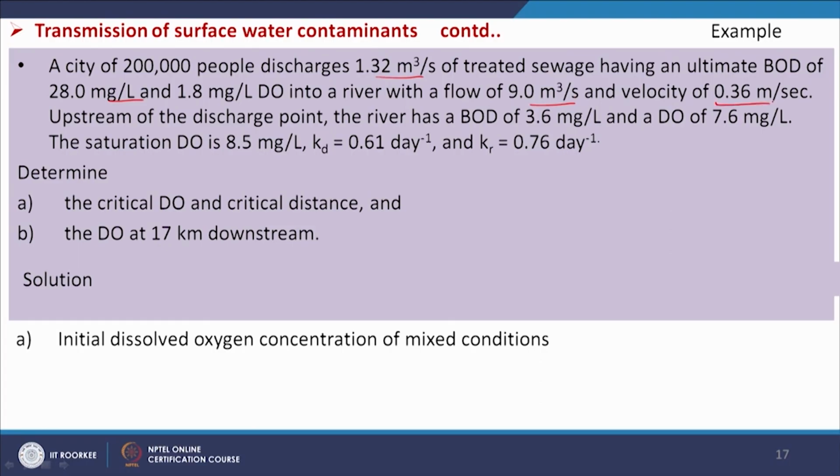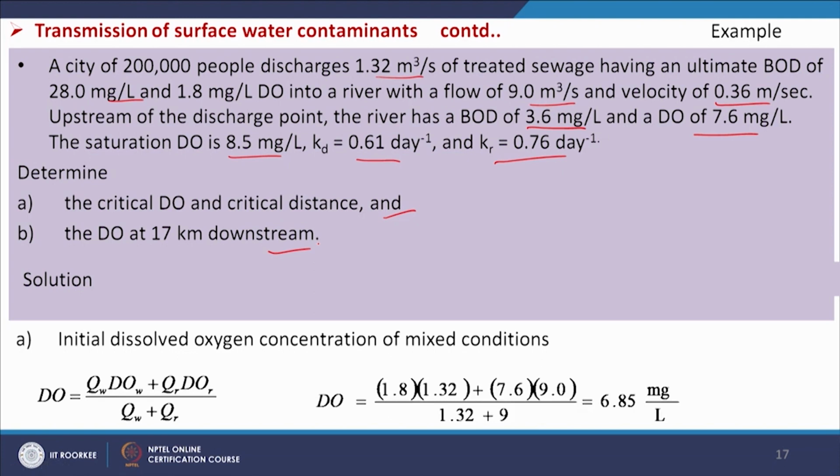Upstream of the discharge point, the river has a BOD of 3.6 mg per liter and DO of 7.6 mg per liter. The saturation DO is 8.5 mg per liter, KD is 0.61 per day and KR is 0.76 per day. Determine the critical DO, the critical distance, and the DO at 17 kilometer downstream. So, we have to solve this problem.